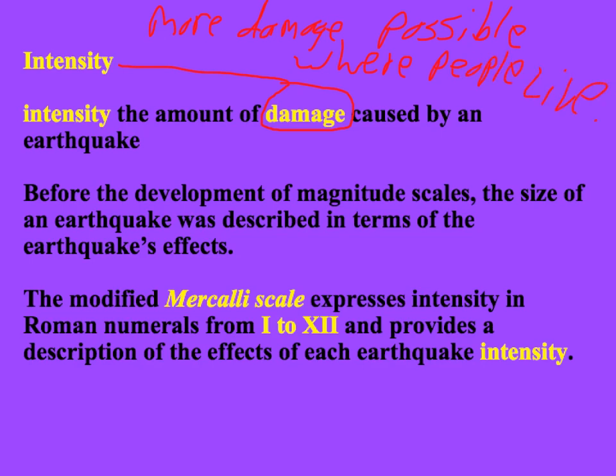So even though we could have a really huge earthquake in the Pacific Ocean of like an 8.2 on the moment magnitude or Richter scale, it might not cause as much damage as, say, a 6.2 earthquake in San Francisco, which would be 1/100th as powerful as the one I just talked about happening in the ocean. But there's more damage that can be caused, and the Mercalli scale is given a damage level between 1 and 12 and given Roman numerals, and the higher the number, the more damage.